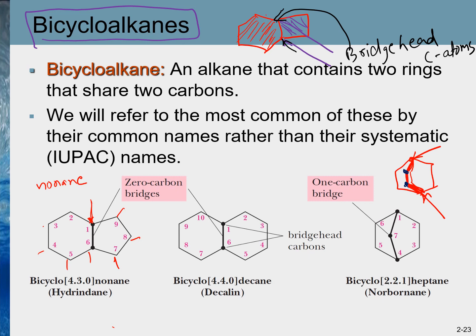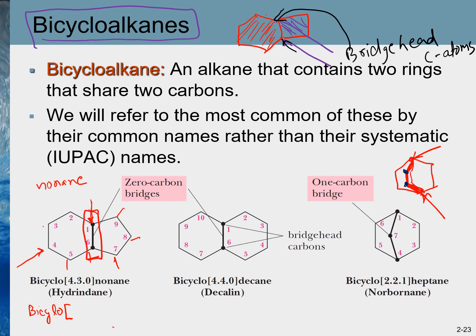So to arrange the name, we start with the word bicyclo and then square bracket. That's important. In the square bracket, we write the number of carbons in first the larger ring except the bridgeheads. So we do not include the bridgeheads.